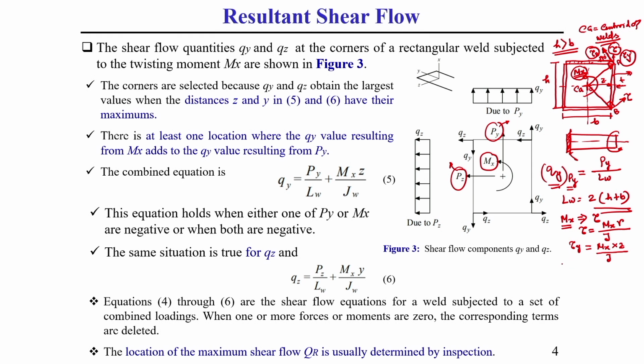Now, the qy component due to this tau y you can write as Mx into z into t, correct, because tau y into t is called qy due to tau y, with throat thickness t divided by J. So, this you can further write as Mx into z divided by J divided by t, and that J divided by t is known as Jw.